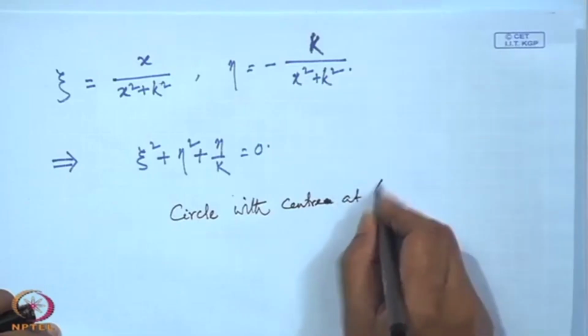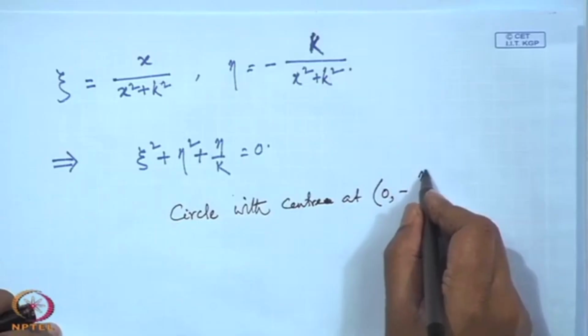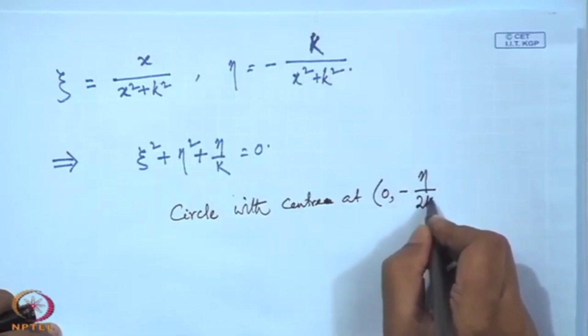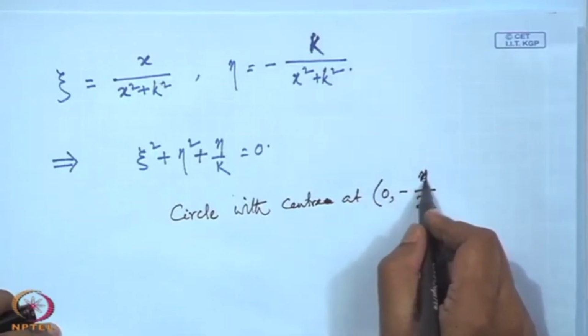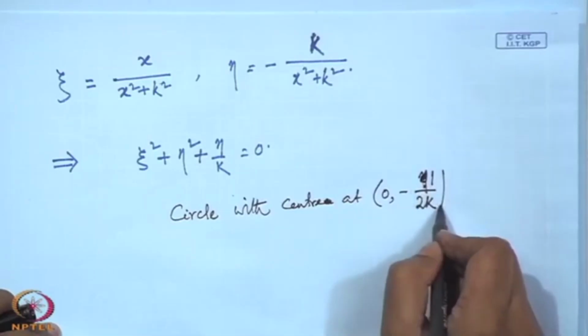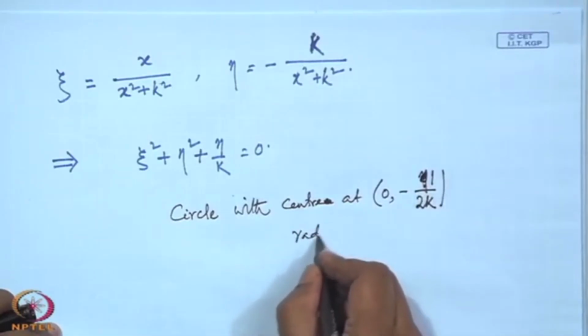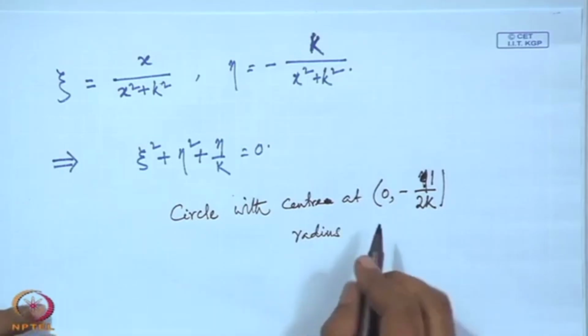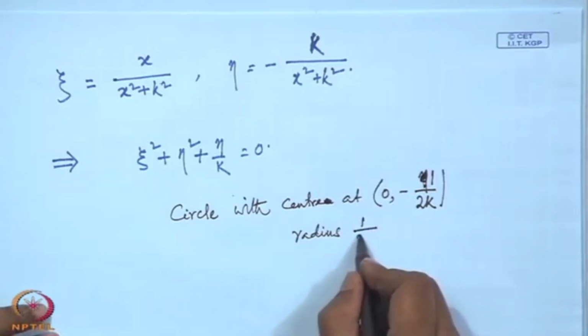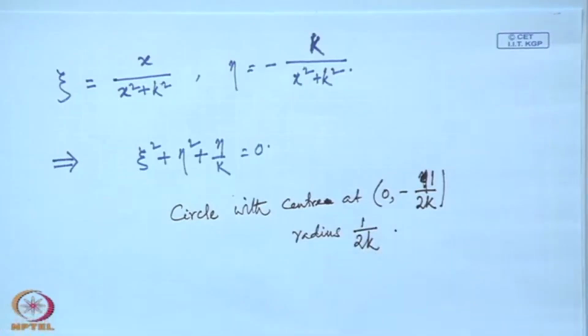Center at 0, eta by 2k. Yeah, it should be 1 by 2k. Okay, and radius 1 by 2k. So, for each value of k you will get a circle.